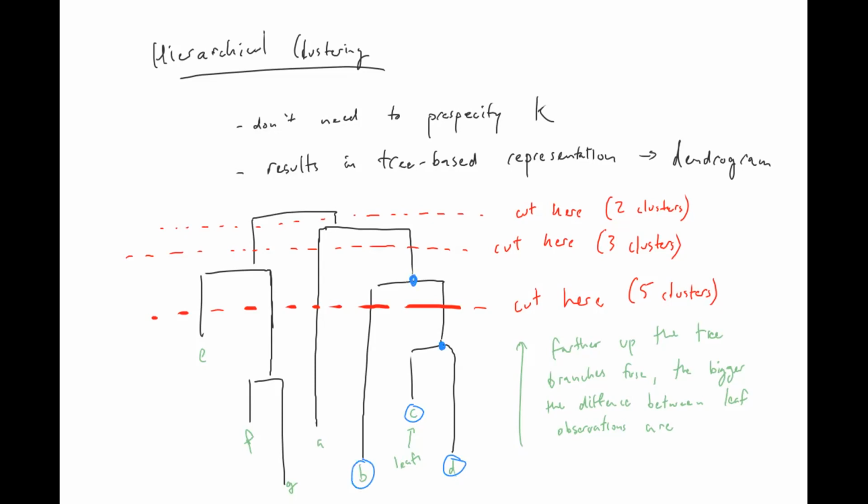So D and B are more different than D and C, and D and E, F, G, they don't fuse until here. And so D is relatively much more different to E, F, G than it is to C and B.